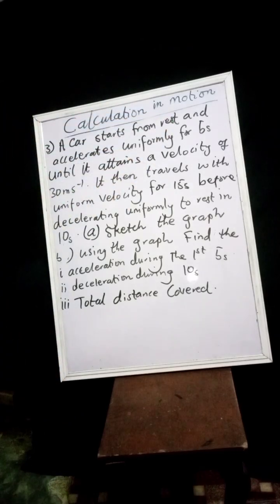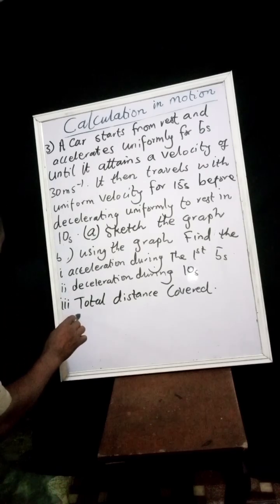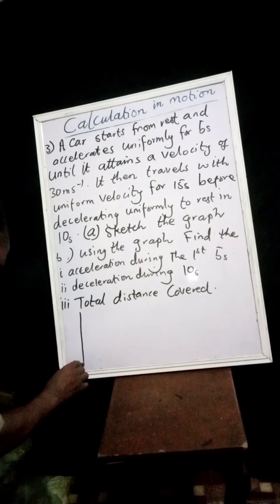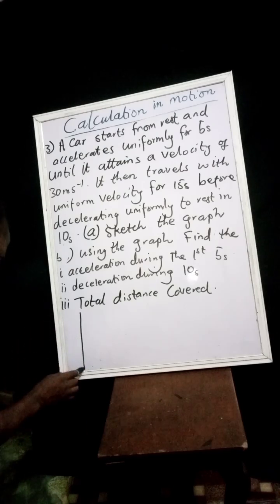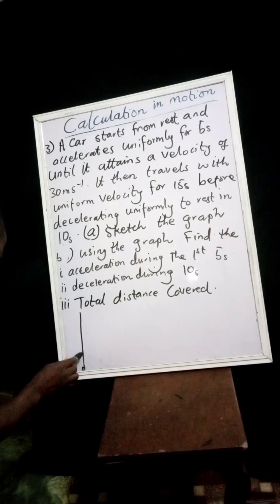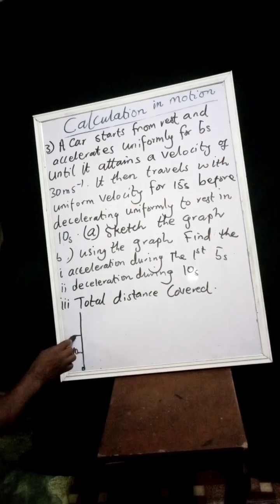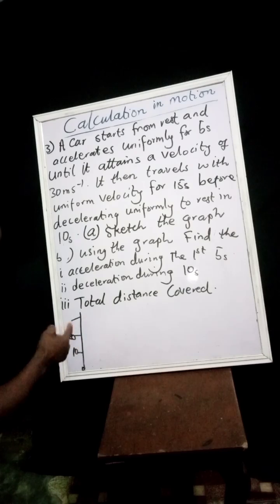That is from the origin. And let's have a velocity time graph. If here is 0, then here should be something like 10, 20, then here should be what? Here should be 30.